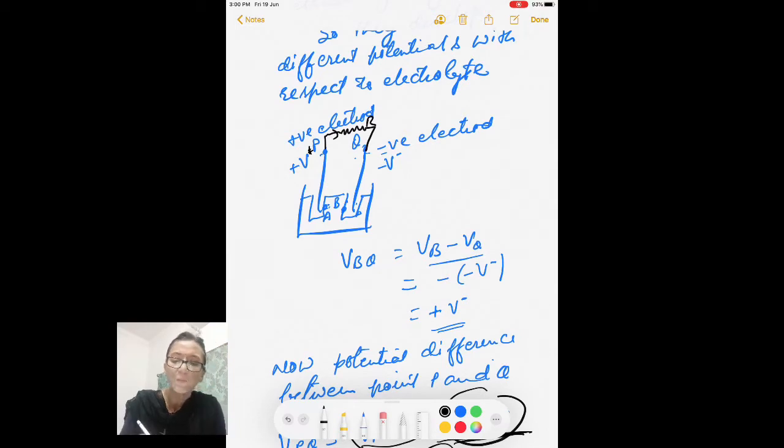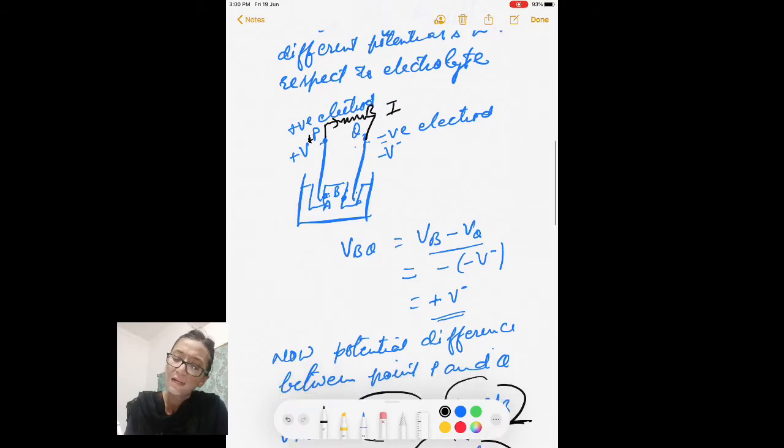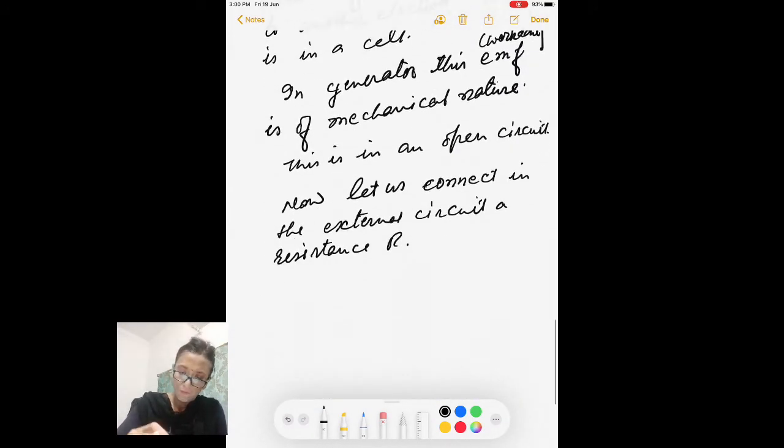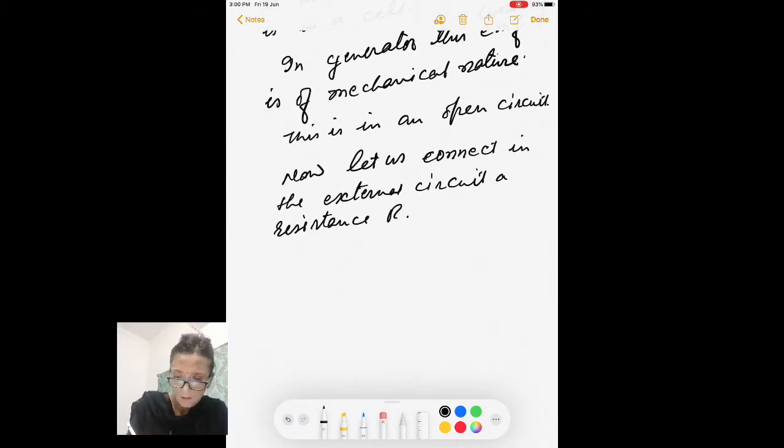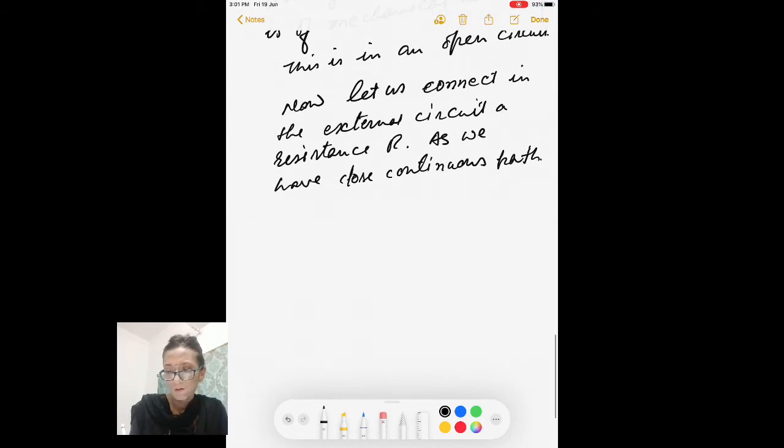As the circuit is complete, we have a closed continuous path, so we can assume that a current I starts flowing.